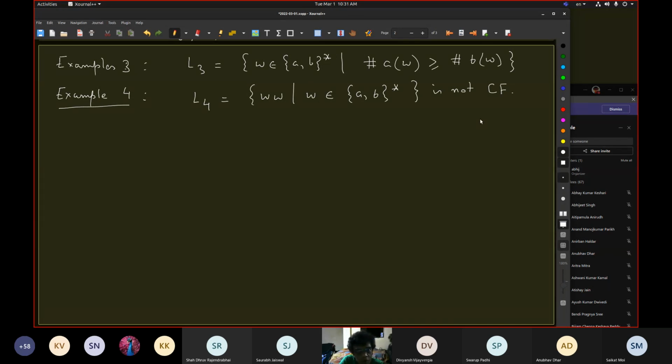So, although we have not formally proved it, context-free grammars are equivalent to push-down automata. So I cannot design any push-down automaton for this. The surprising thing is that the complement of L4 is context-free.